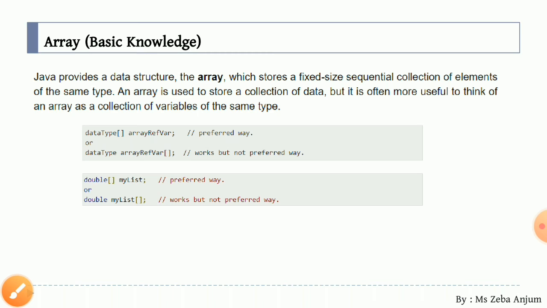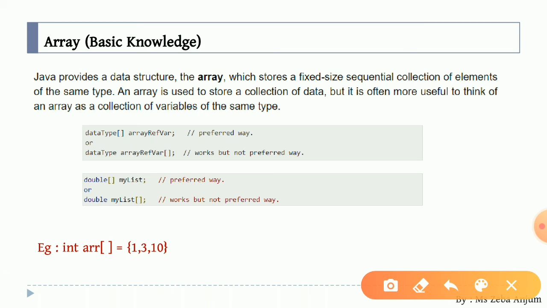Now how we are going to basically write down the array and store the variables in it. Now see examples. If you are going to store an array of integer data type, then firstly the data type, then your name arr we have taken, then brackets we have to take, and then see these curly brackets we have to write down, and every number should be separated by a comma.